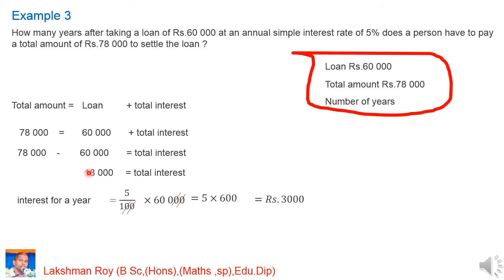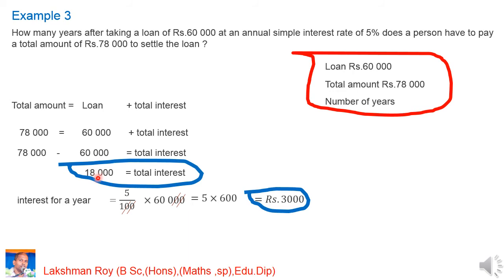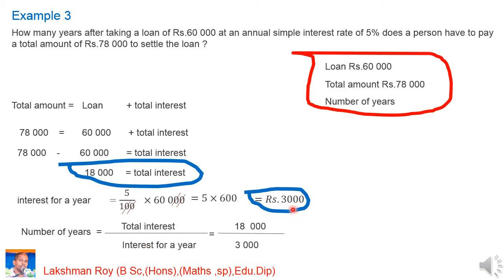Now you can find how many 3,000s are there, that means the number of years. So the number of years is the total interest divided by the interest for 1 year. Total interest is 18,000 rupees, interest for 1 year is 3,000 rupees. You can simplify this, that gives 6 years. So that is the answer.